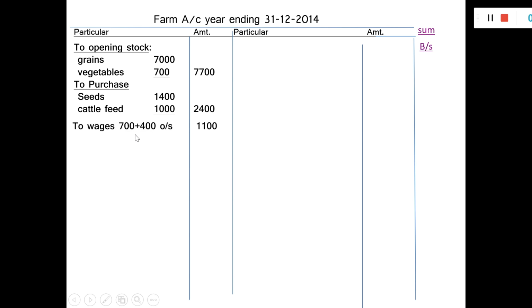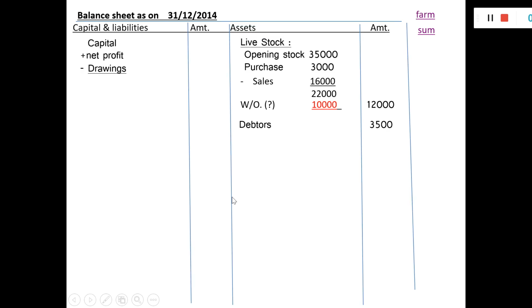Wages 700 plus 400 outstanding amount, total 1,100. So the second effect will be given for the outstanding amount as a liability in the balance sheet. Go to the balance sheet. Outstanding wages rupees 400. Go to the sum again.